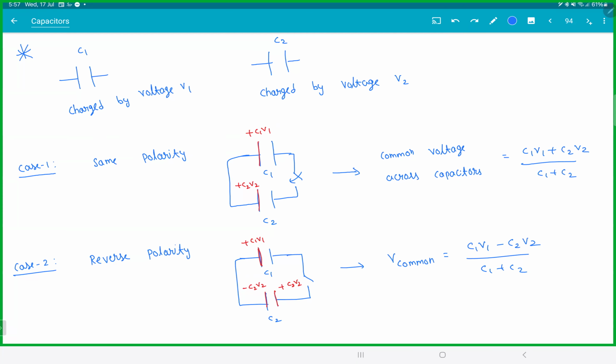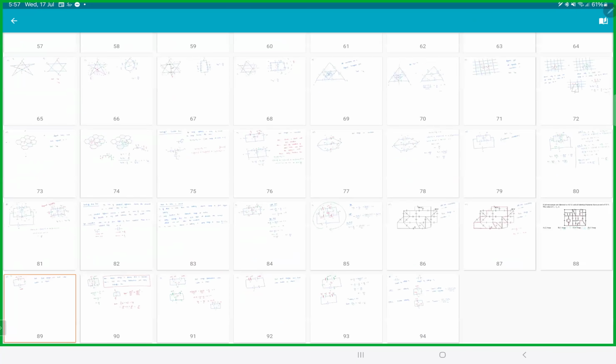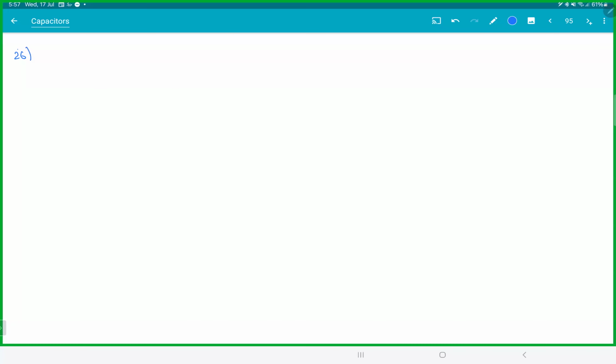Let's see one more. Next one. We have a capacitor.